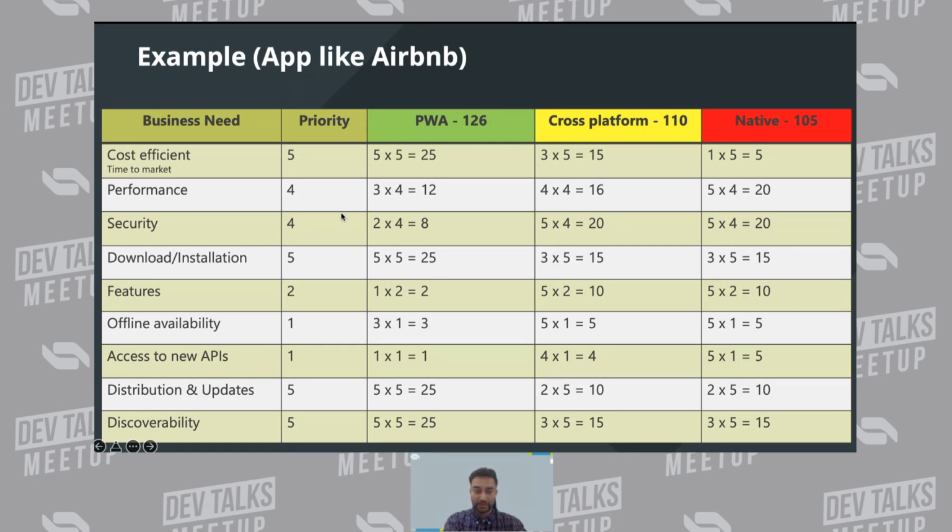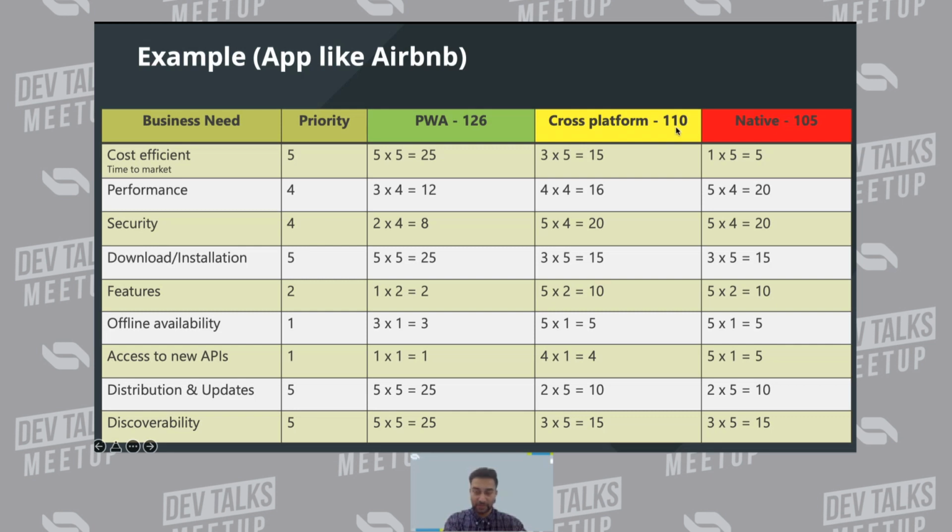And after adding all these values, we can see that the native score turns out to be 105, which is the lowest. So based on our requirements, as we want our app to be more cost efficient, easily downloadable or installable, easily discoverable, with easy updates and distribution, the native app scores the least, 105.